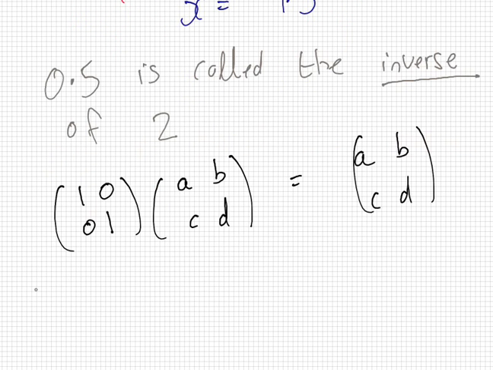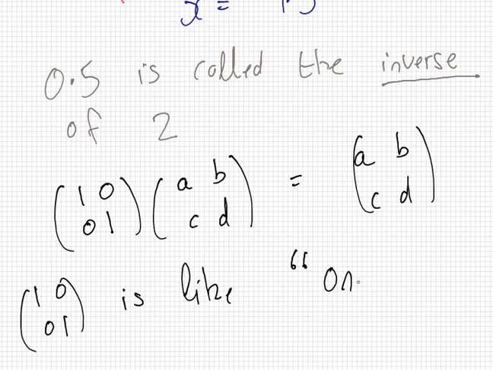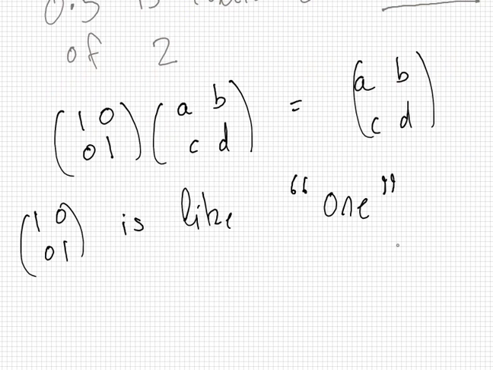So this matrix here, 1, 0, 0, 1, is like, in quotation marks, 1. Identity is the vocabulary here. Do you understand what I mean when I say it's like 1? Because when I multiply, it doesn't change, just like the number 1 in algebra. So this has a special letter.